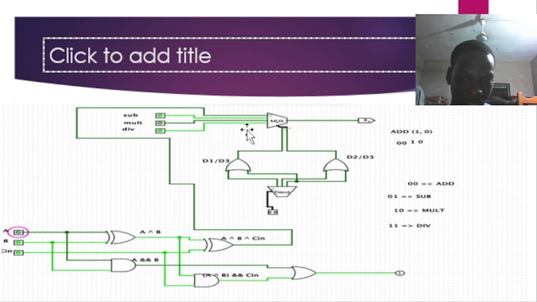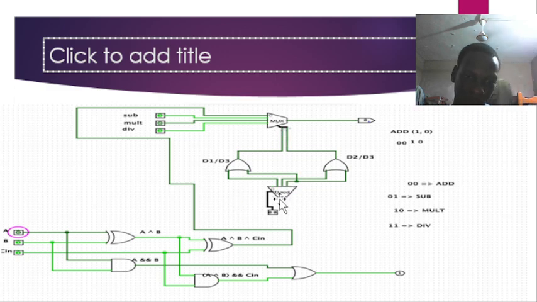And then the multiplexer. So this is a multiplexer over here. Out of many inputs over here, the multiplexer will accept one input at a time, and it is controlled by this side here. So this is what determines what input it should accept.